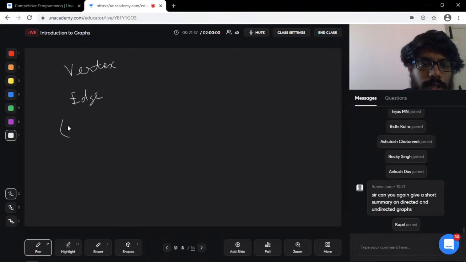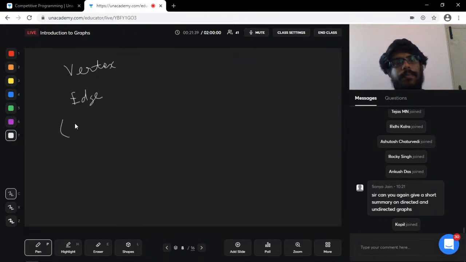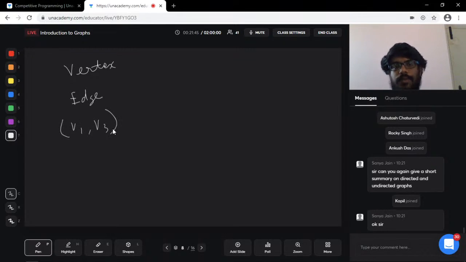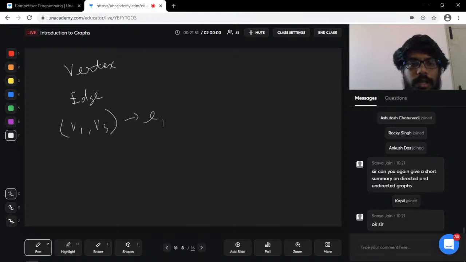Coming back, when we have an edge between, say, V1 and V3, sometimes we can also name the edges. So maybe this is the edge E1, and maybe I have a second edge from V2 to V3.